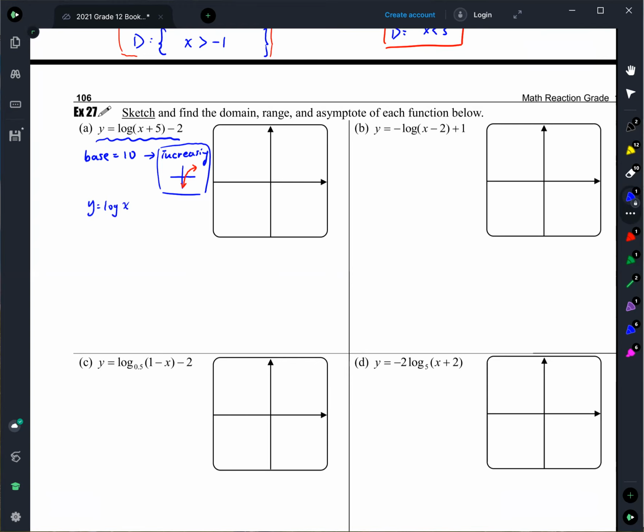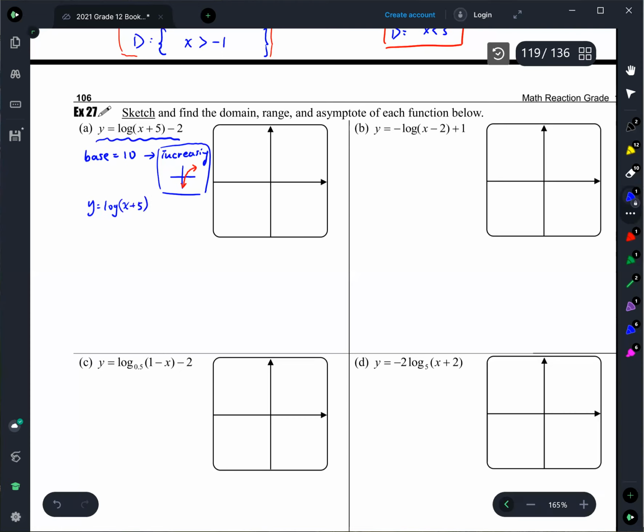You see x plus 5, which way does it move the graph? To the right. It's actually to the left. If you remember from transformations, x plus 5 is moving to the left. So this means left 5.